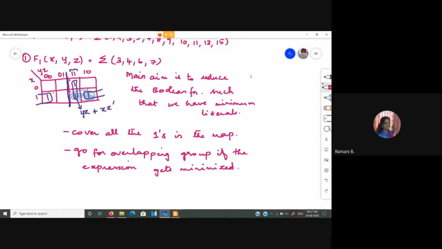Here you have only 4 ones in the map. The ones corresponding to minterms 3 and 7 are covered with the grouping giving yz, and 4 and 6 are grouped as xz bar. So all the ones in the map are covered, and you need not have overlapping here.